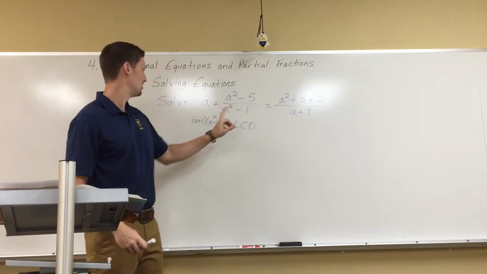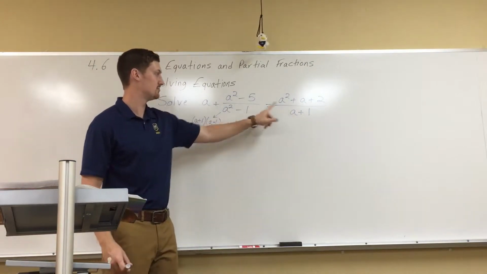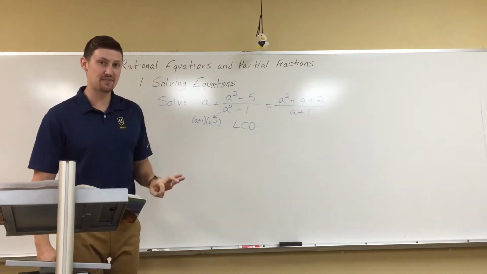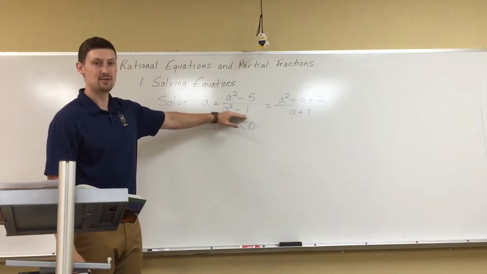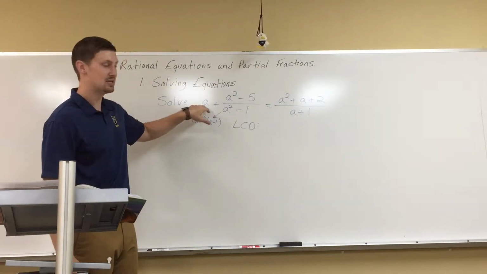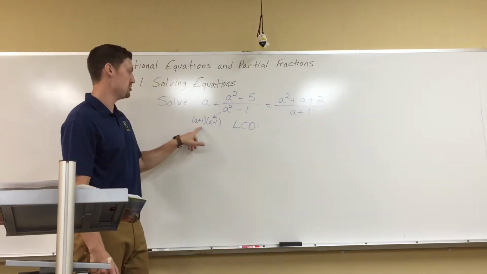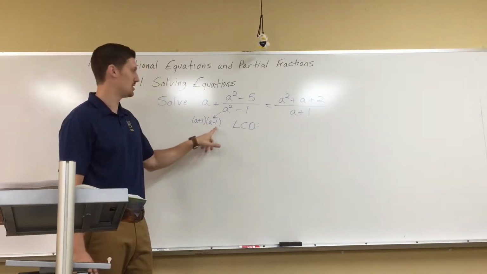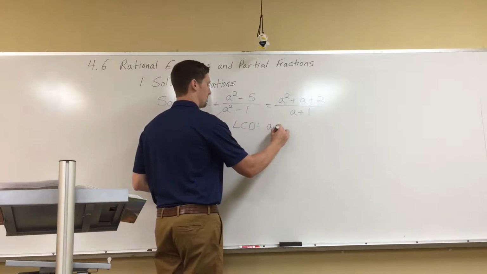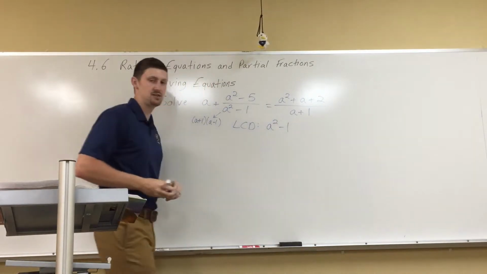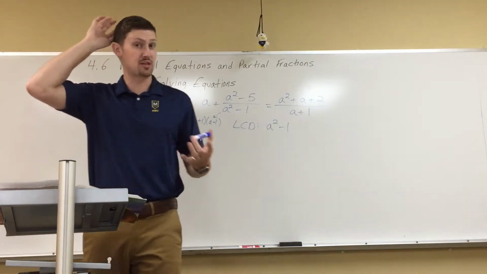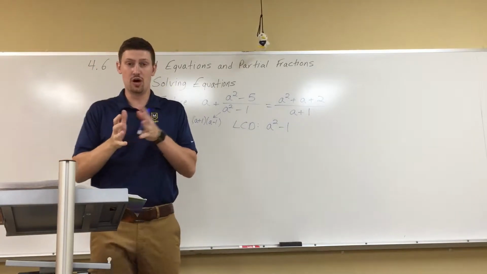So the best LCD for this problem is just this, because that includes 1, and it also includes this denominator, a plus 1. We're going to condense it, and we'll just write a squared minus 1. That's our LCD. Again, each problem is going to be different. The key is it has to include all of your denominators.